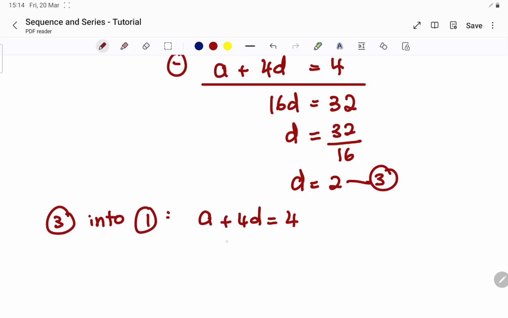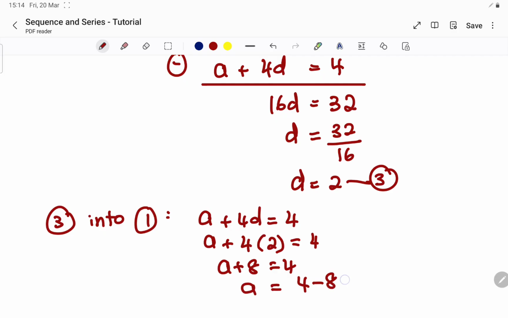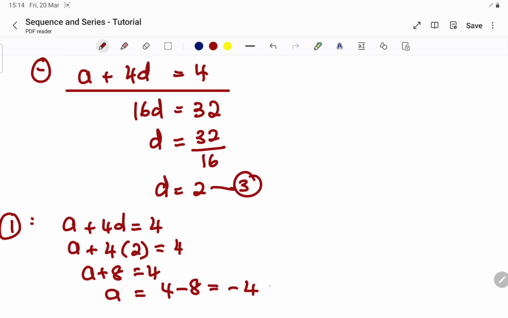Now substitute D inside, so you will get A plus 4 multiplied by 2 equal to 4. A plus 8 equal to 4. Then for A, you bring 8 to the right side, so 4 minus 8 equal to negative 4. So A is equal to negative 4.